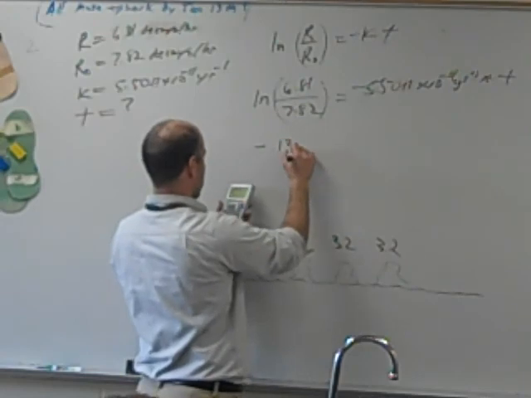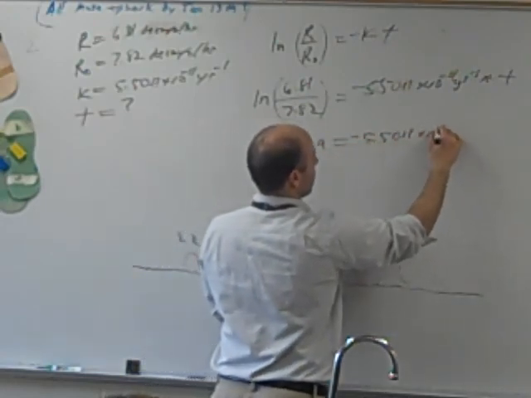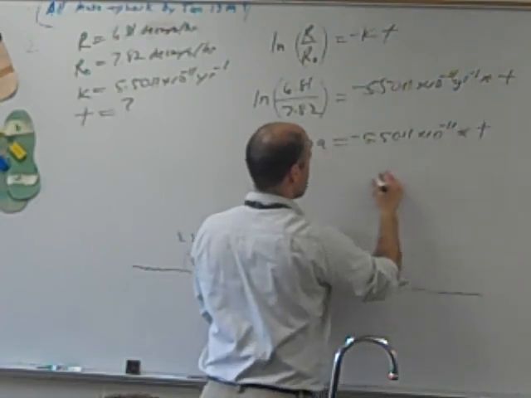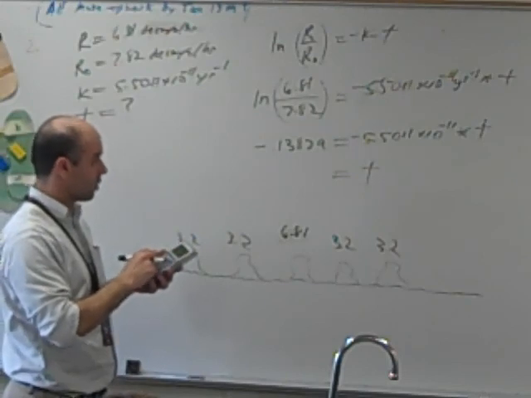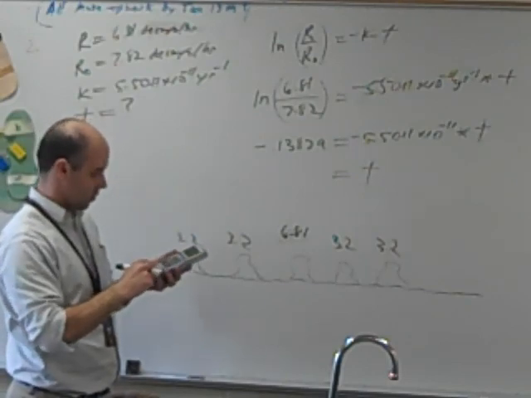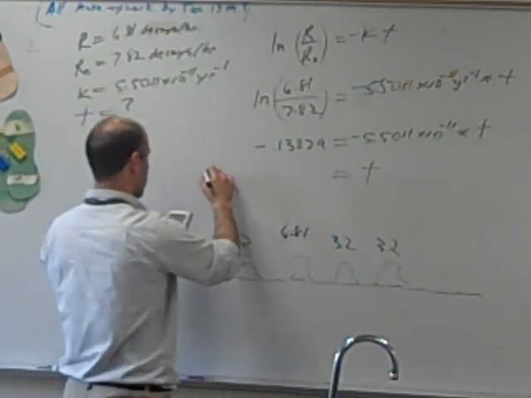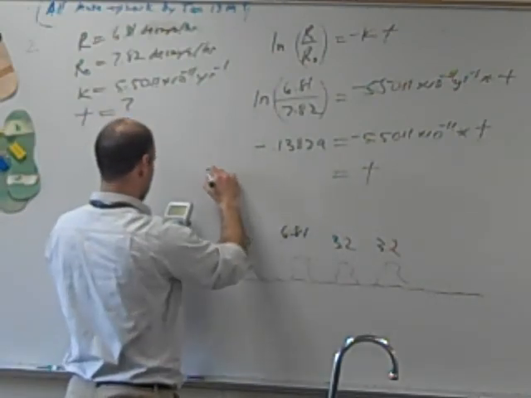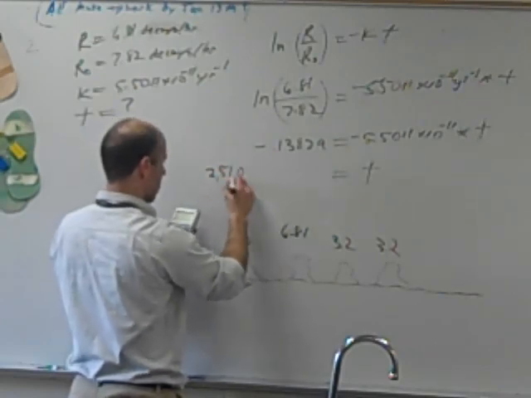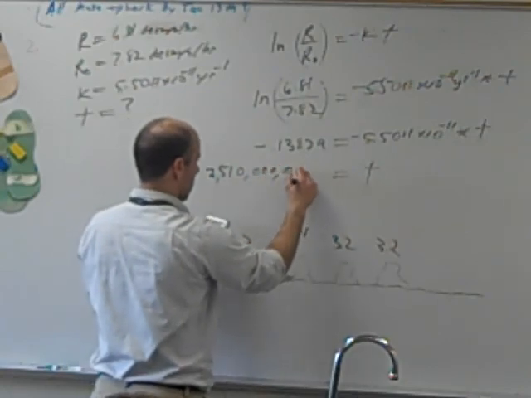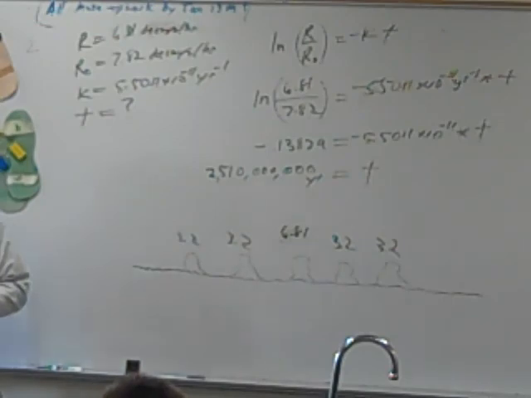Negative 0.13829. Solve for t. And I get, to 3 sig figs, 2.51. About 2.5 billion years old.